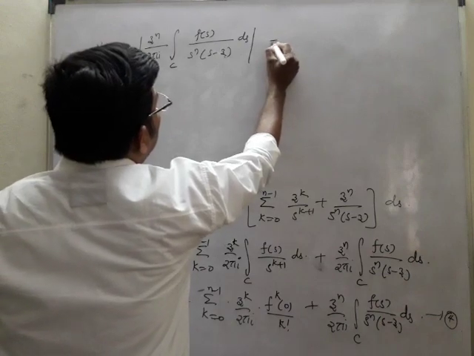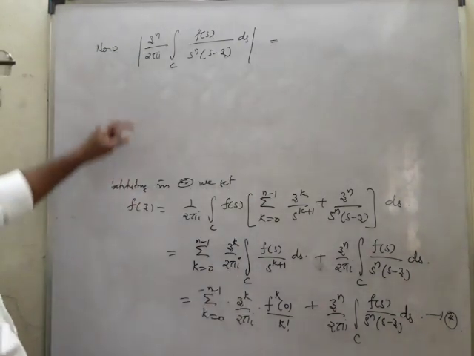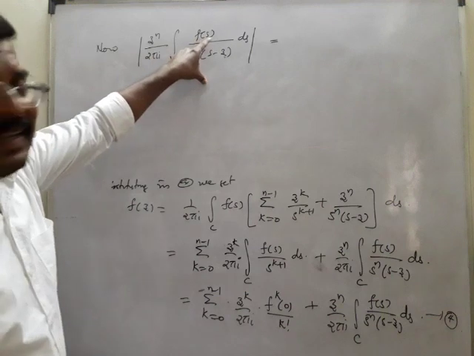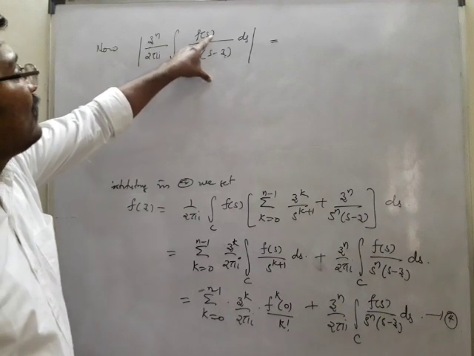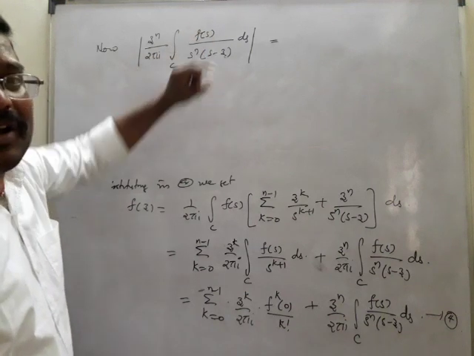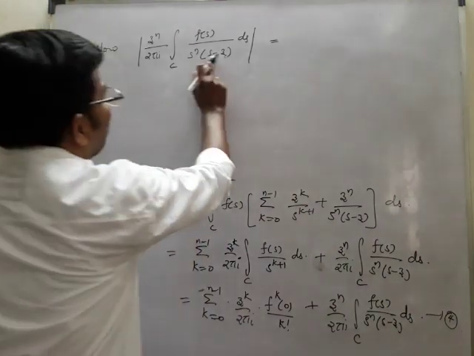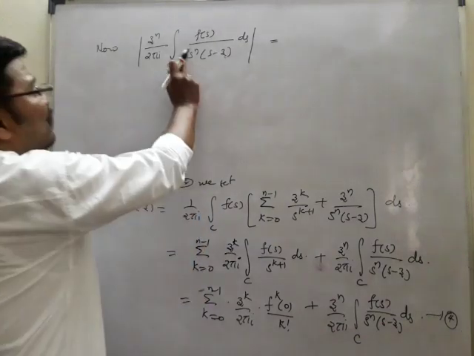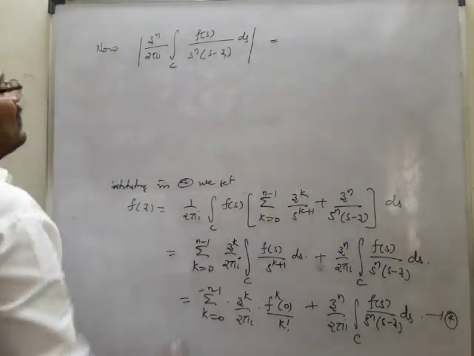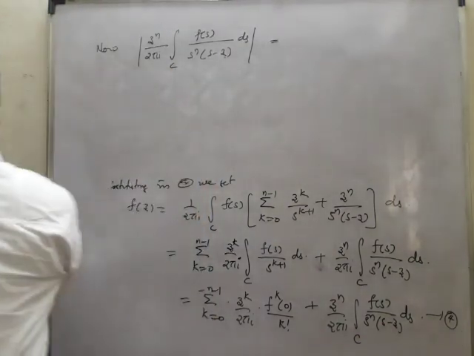So that implies that it is equal to, since I wanted to apply the modulus inside, now this one is mod f of s. Mod f of s is less than or equal to some m, and I should find out the value of s minus z, and I should write the value of s. So this whole thing we will try to find out now.